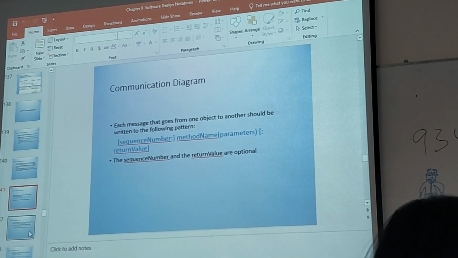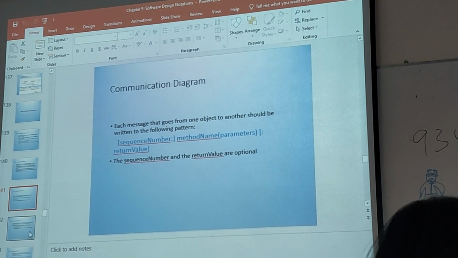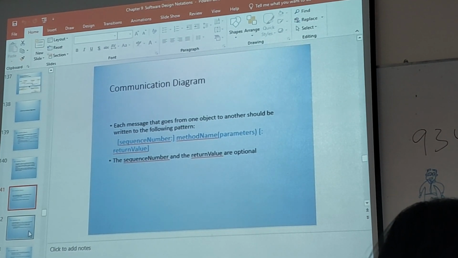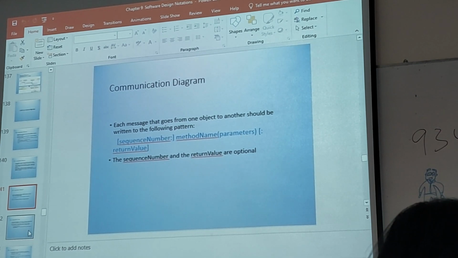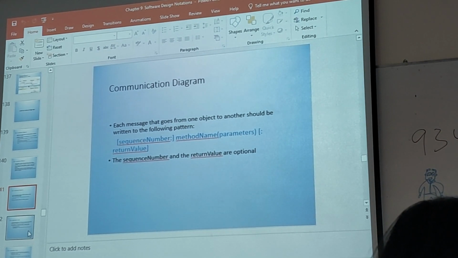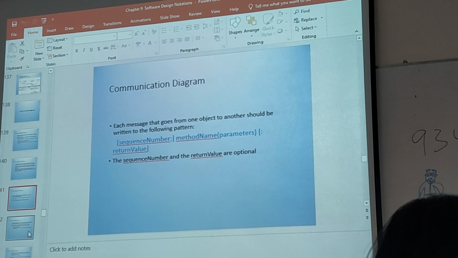Now, this is the format of the message that is sent by an object to another object in the communication diagram. Start with the sequence number 1, 2, 3, 4, 5, 6, and then the method.